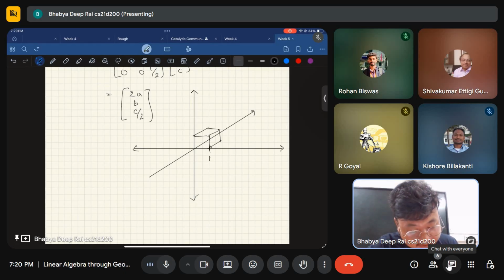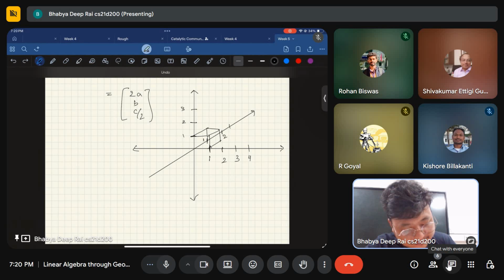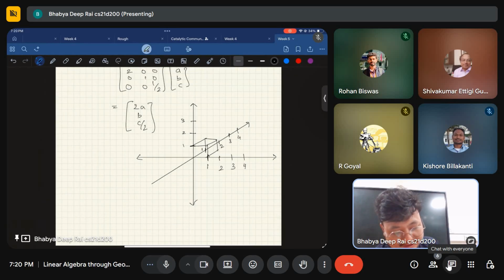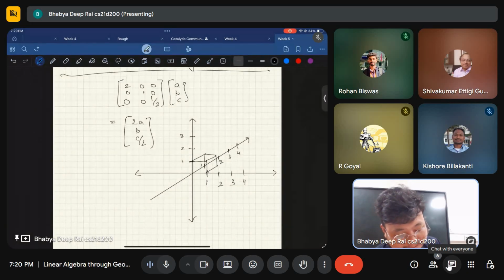This is 1, this is say 2, 3, 4. This is 1, 2, 3. Maybe I should have drawn it in front. Either way, this is 1, this is 2, this is 3, 4.